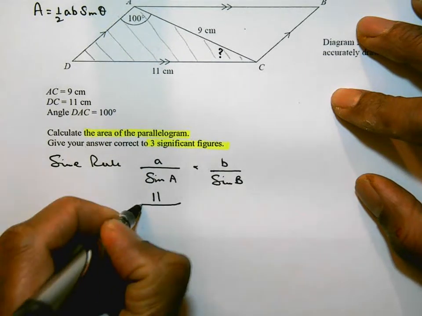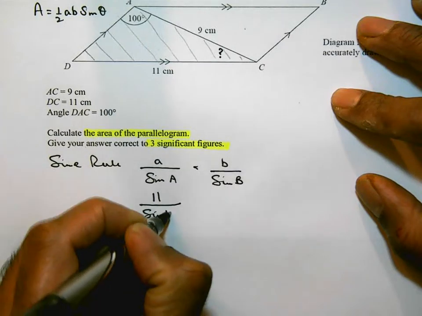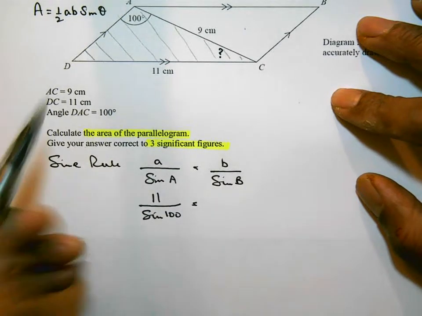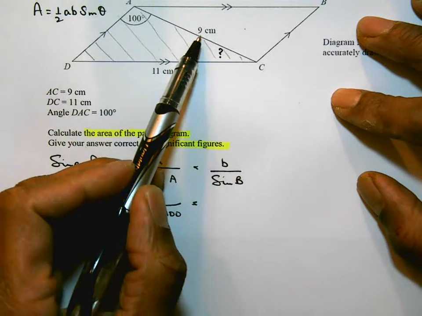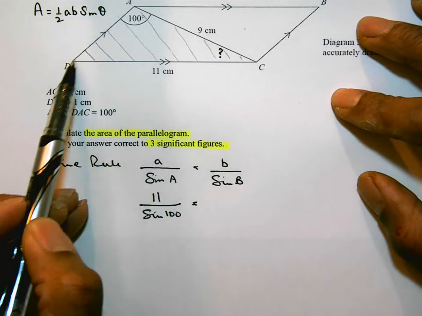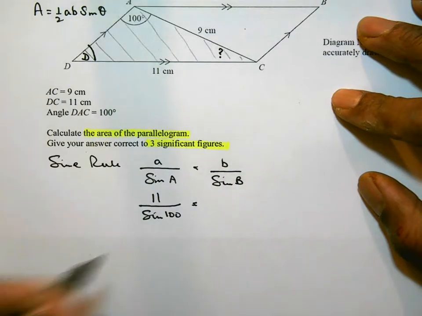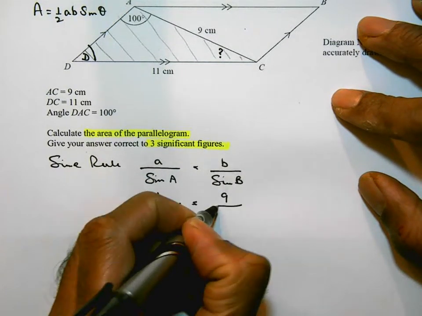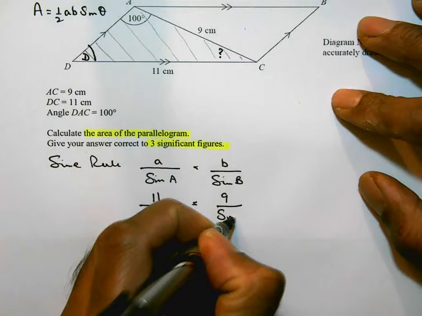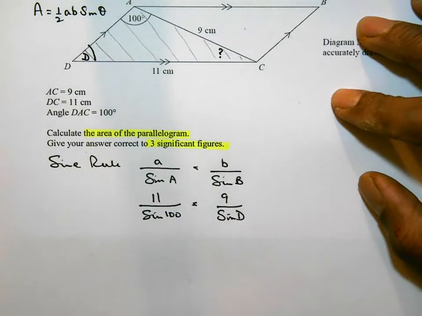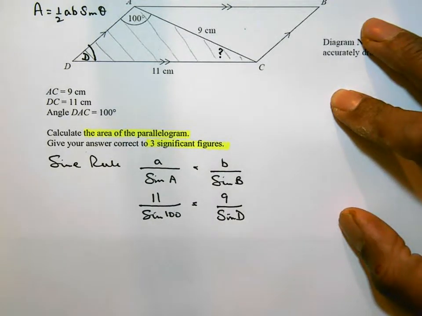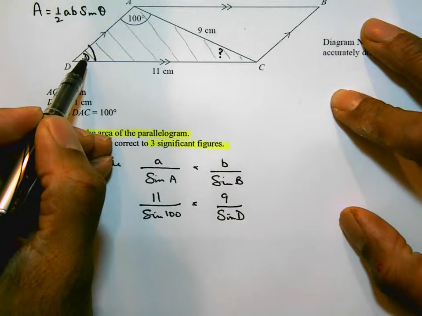So I have 11 over sine of 100 is equal to, and the only other side in this triangle I know is this side 9, and the angle opposite it is angle D. I'm going to just label it there. So I know 9 and I know angle D, and so that's going to be sine D. I'm going to use the sine rule to help me work out angle D.